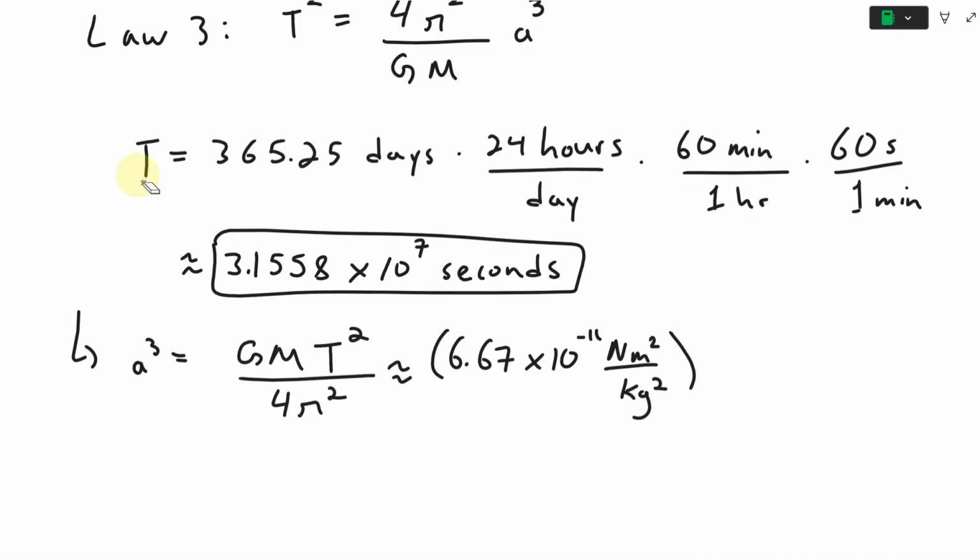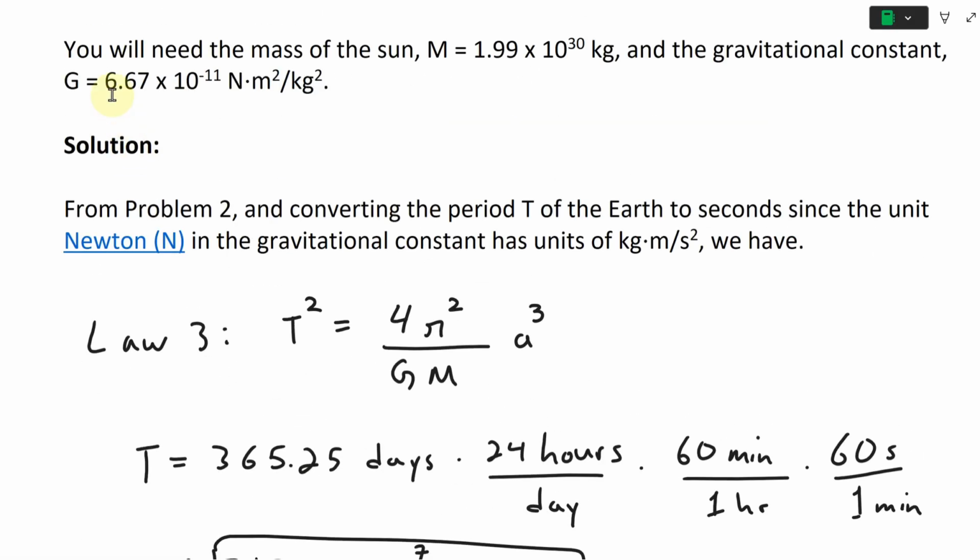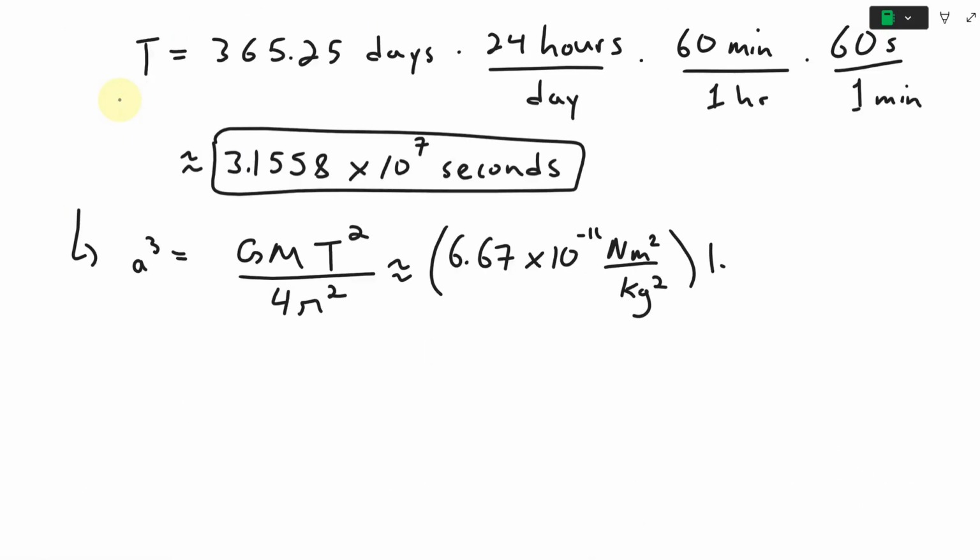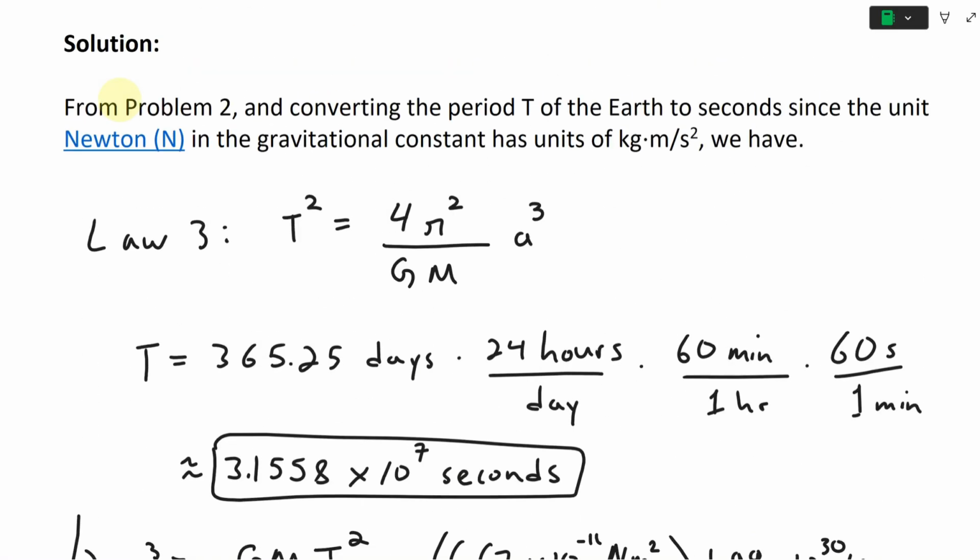That's the gravitational constant. And then the mass of the sun is 1.99 times 10 to the 30 kilograms. Just so we know, all the units have to line up.